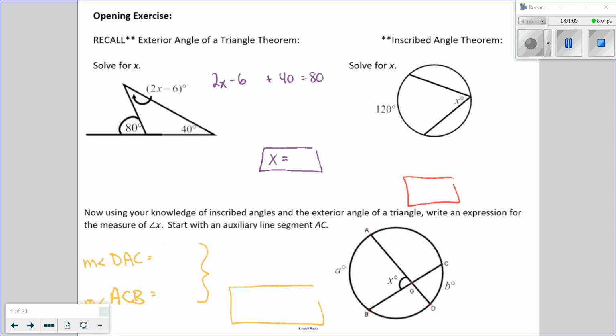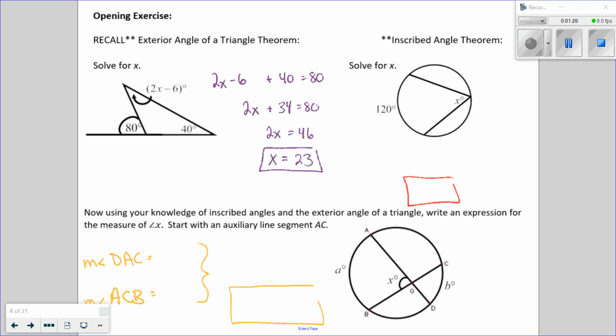From there, we can solve for x simply by combining like terms, subtracting 34 from both sides, and then dividing by 2, and we get x is 23. So that is the triangle exterior angle theorem. The two remote interior angles add up to equal the exterior angle.